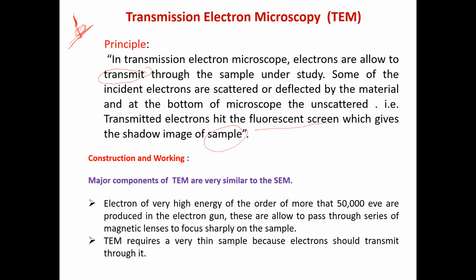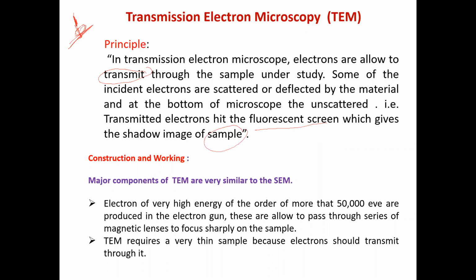So there are two types of electrons here. When they transmit, some of the electrons can be deflected by the nature of the material, but those electrons that penetrate your sample are the unscattered electrons, which are transmitted through the sample and hit the fluorescent screen.